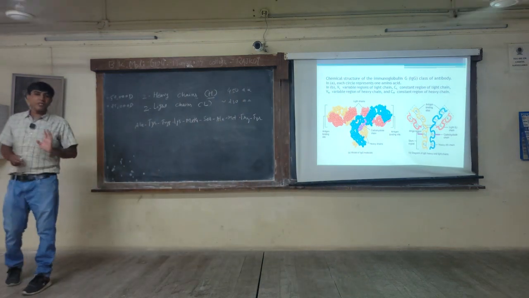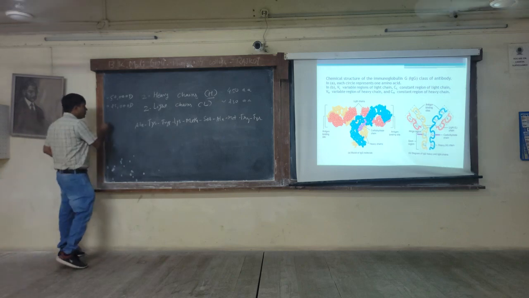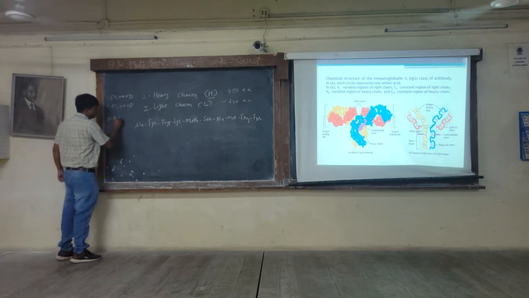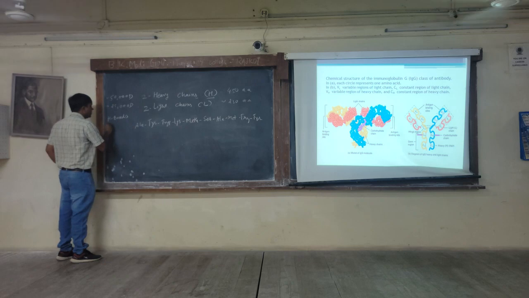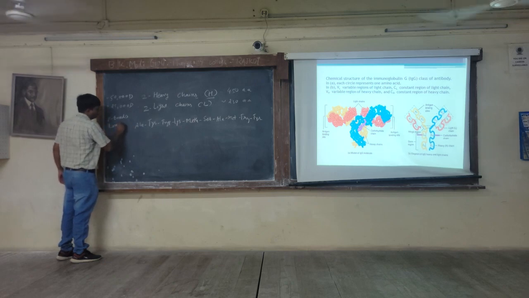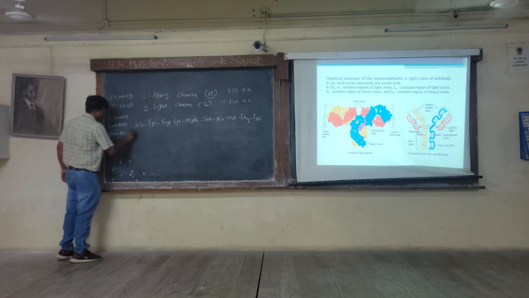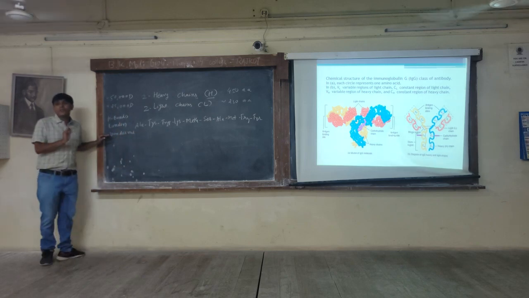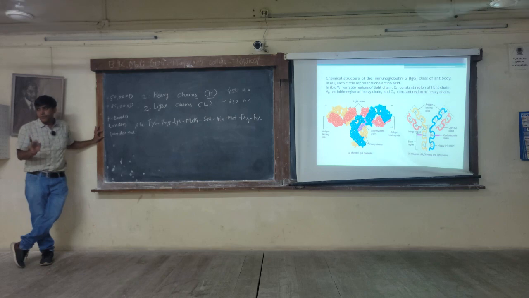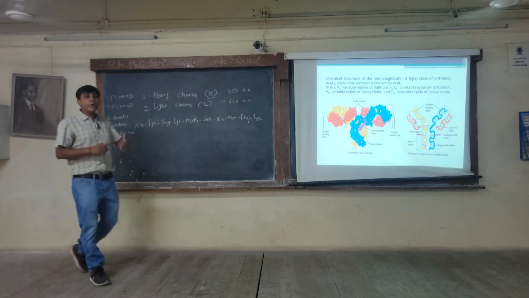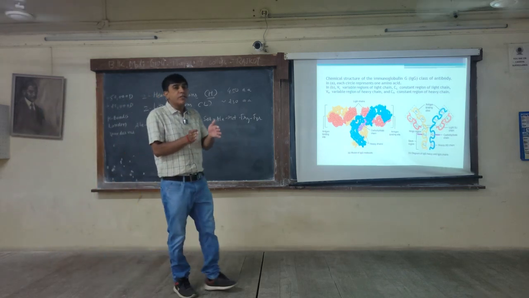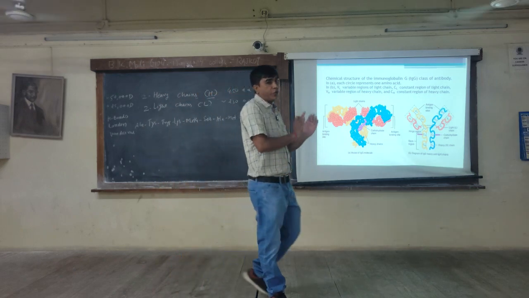Here, the binding takes place normally by hydrogen bonds or London forces or van der Waals forces. So these are the forces of weak attraction, and if multiple bonds are formed, then and only then can the antigen bind firmly with an antibody.